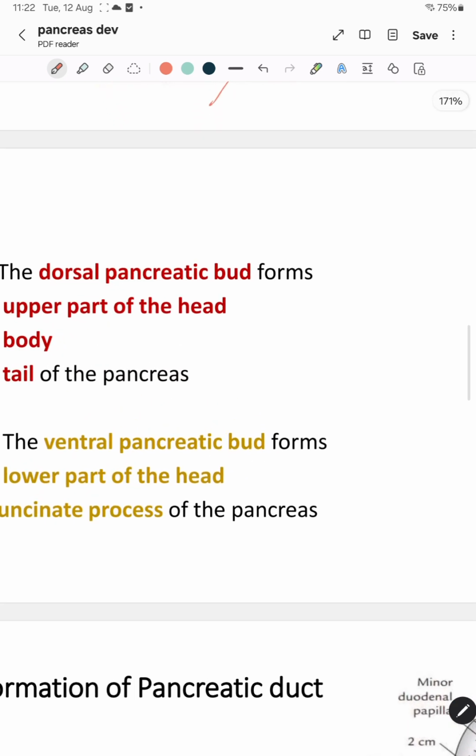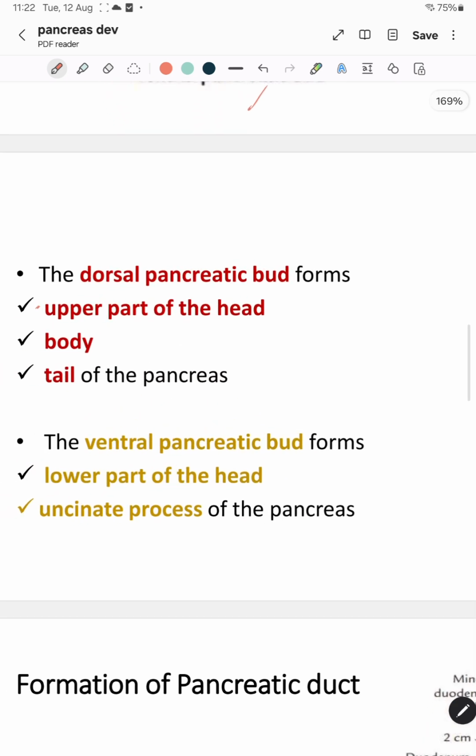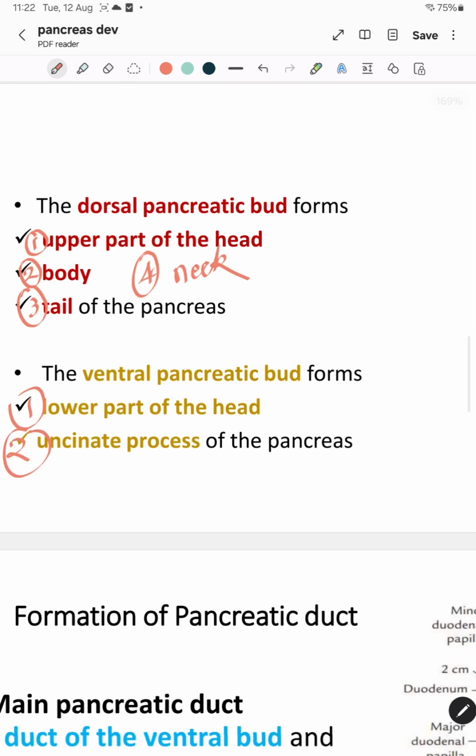The dorsal pancreatic bud forms the upper part of the head, neck, body and tail. The ventral pancreatic bud forms the lower part of the head and the uncinate process.